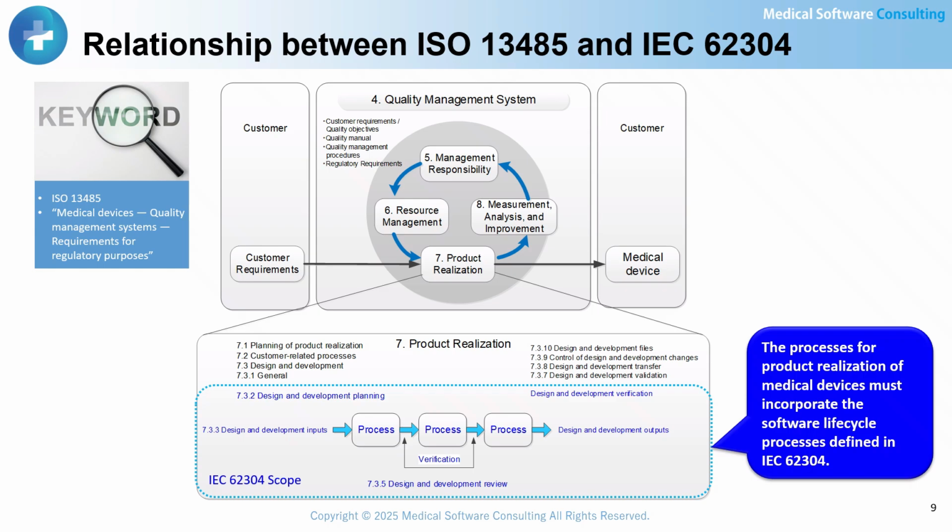ISO 13485 is an independent quality management system standard based on ISO 9001. Compared to ISO 9001, it strengthens certain requirements such as documentation, while ISO 13485 adopts the same process model of Plan, Do, Check, Act as ISO 9001.